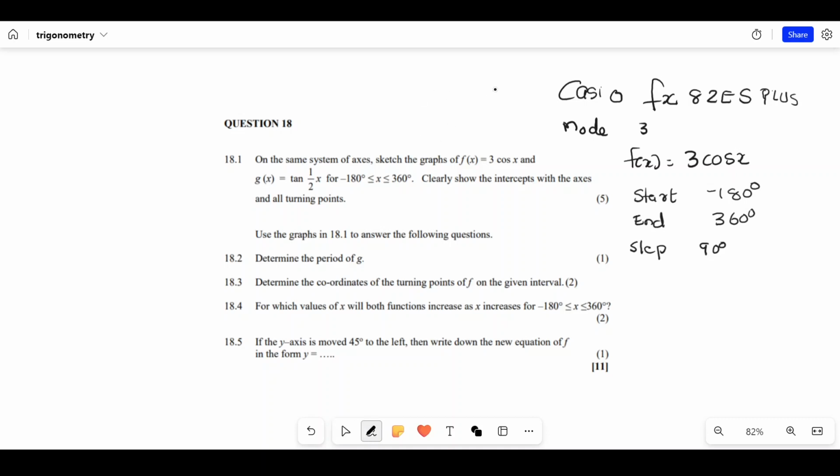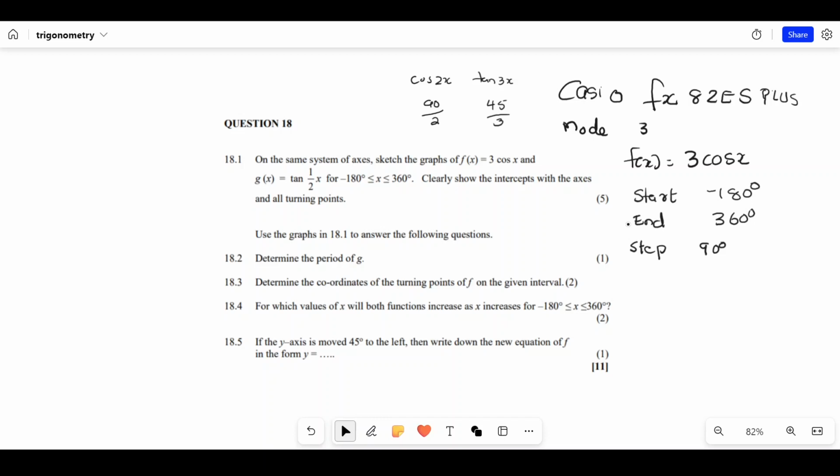For example, if you have y equal to cos 2x, then the step will be 90 divided by 2. Or if you have tan 3x, then the step will be 45 divided by 3. Because for tan, the step is 45, but if there is a coefficient of x, then you divide by that number. You remember this trick for the calculator step.